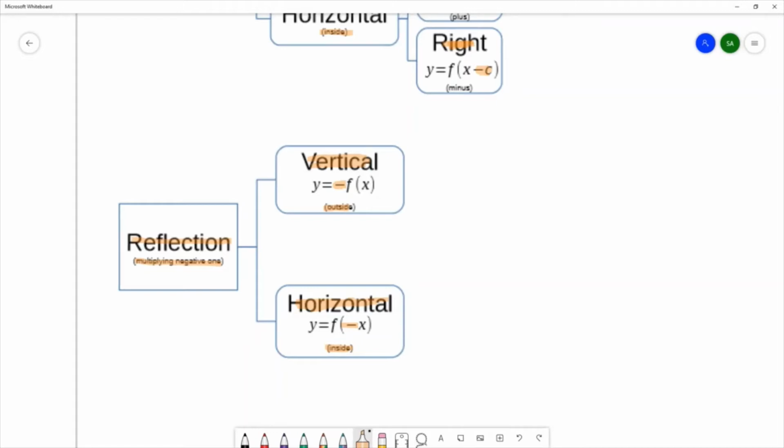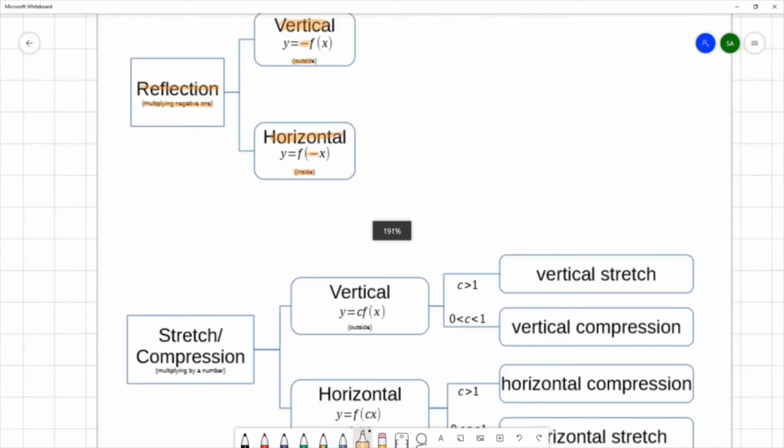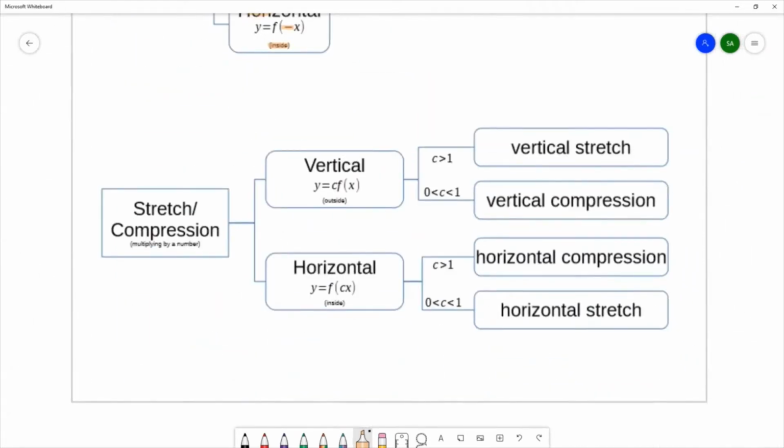And then we have a third type of transformation, called a stretch or compression. A stretch or compression happens when you multiply by a number. You can multiply on the outside or multiply on the inside.